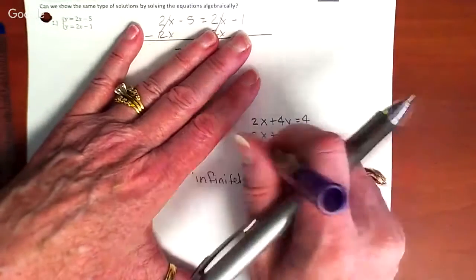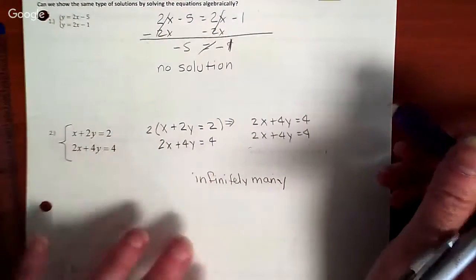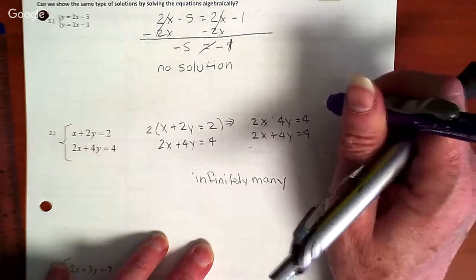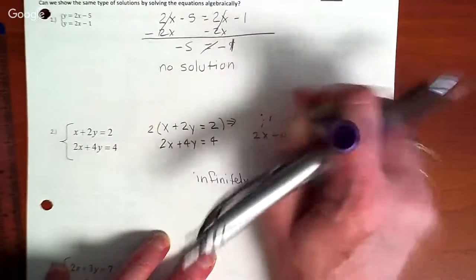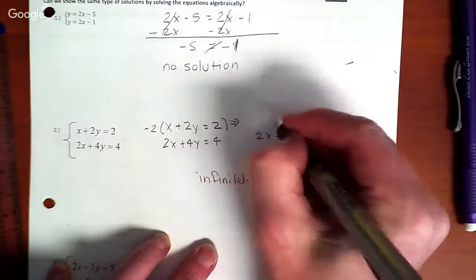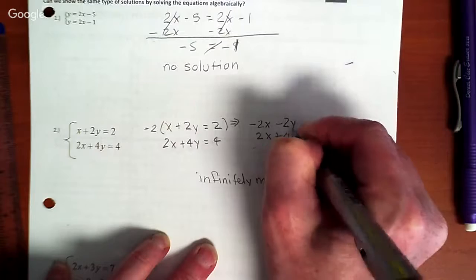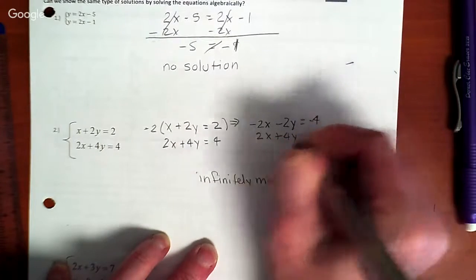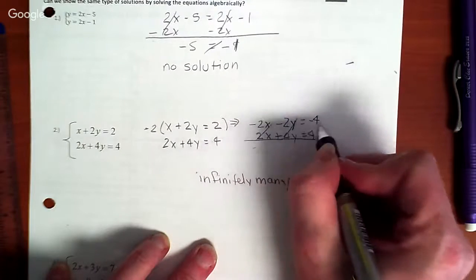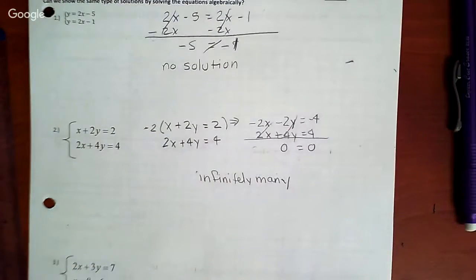Actually, guys, we got to prove that, sorry. So we're going to multiply this by negative so that it ends up being 0. So let me redo this. When I multiply by negative 2, I get negative 2x minus 2y equals negative 4, because we have to prove it algebraically. So gone and gone. So 0 equals 0. So infinitely many.